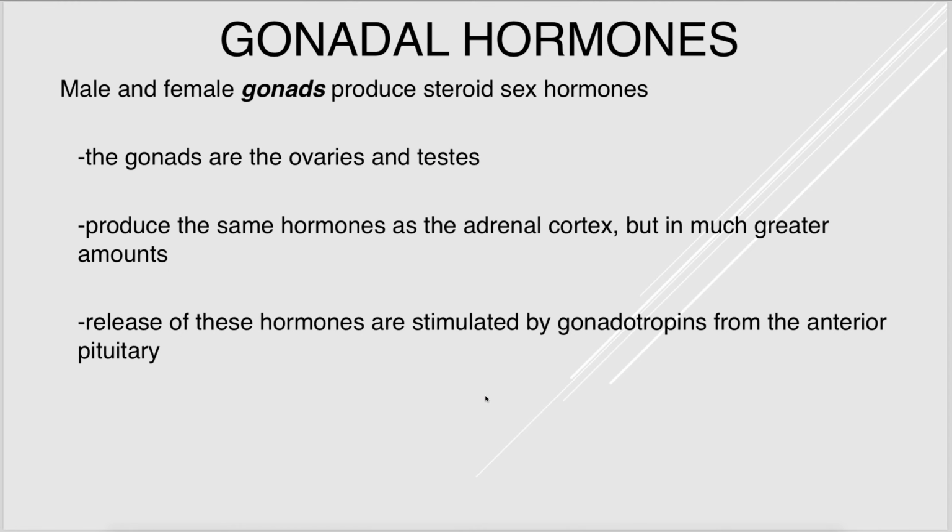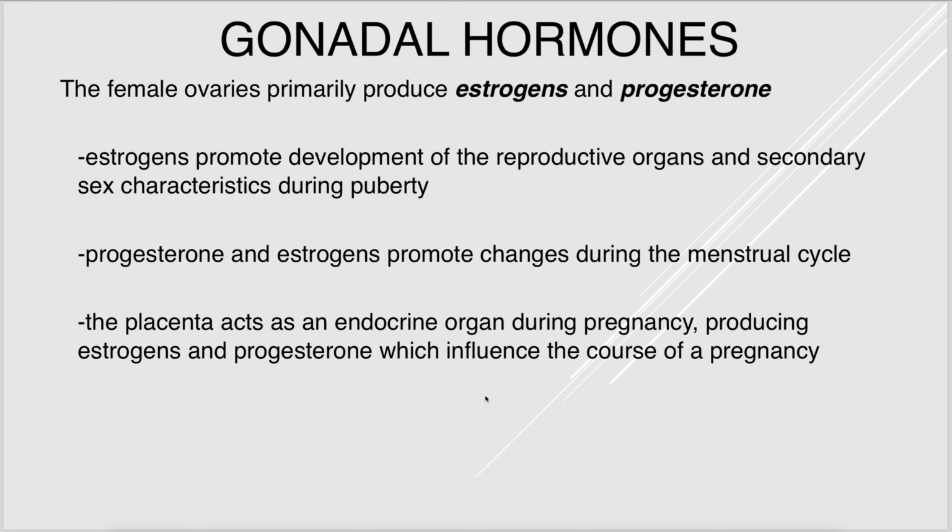So the gonadal hormones, the sex hormones. The gonads, the ovaries and the testes, are going to produce the majority of these sex hormones. We know that a very small amount are produced in the adrenal cortex, but the majority are produced by the gonads. And the release of these gonadal hormones is stimulated by those gonadotropins from the anterior pituitary, so LH and FSH.